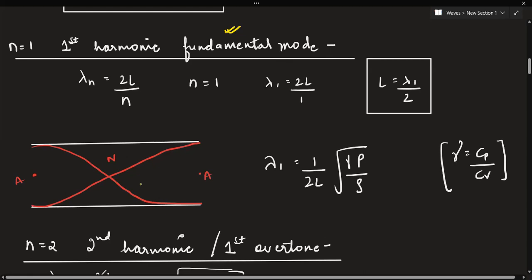Since this is open at both the ends, these two points give us the antinodes, and this point will give us the node for this wave. So this is the fundamental frequency, that is 1 by 2L multiplied by under root gamma p by rho.